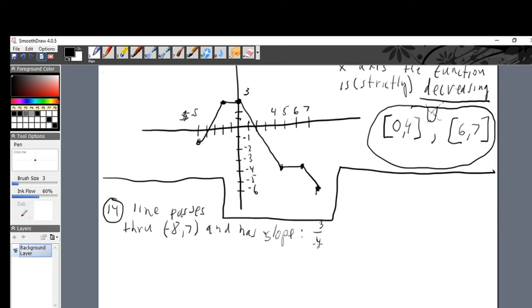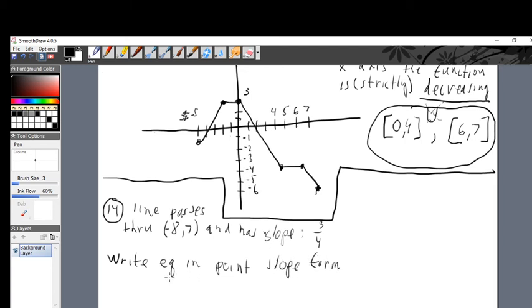So what are we supposed to do? That's the line. What are our instructions? That's the given. Now write an equation for this line in point slope form. In point slope form.